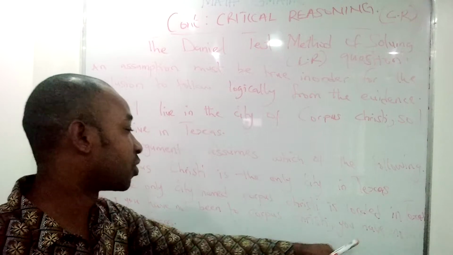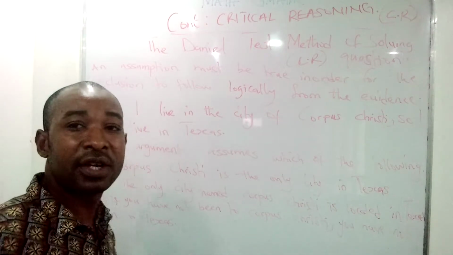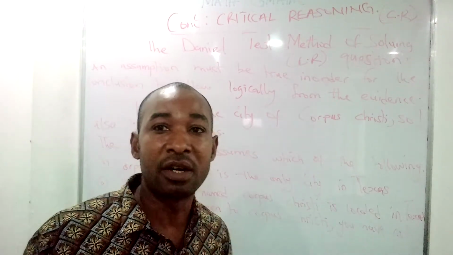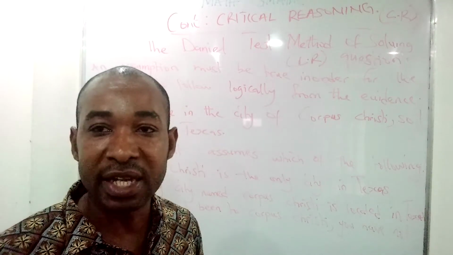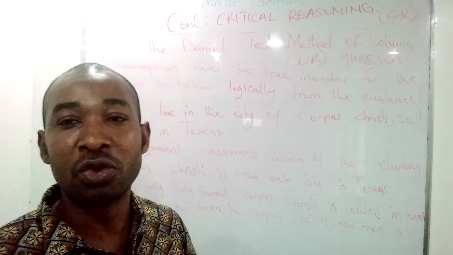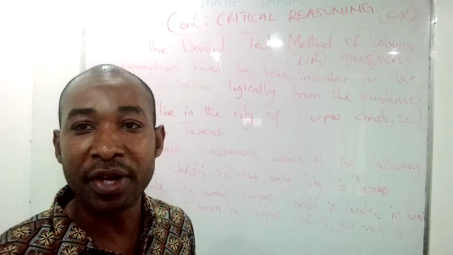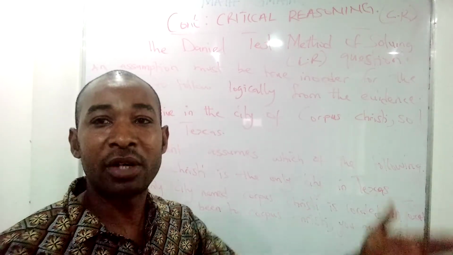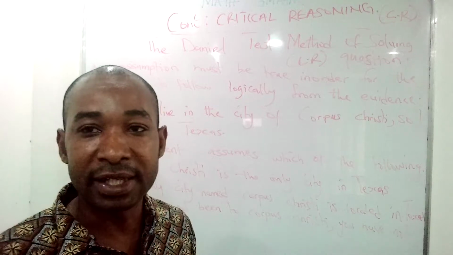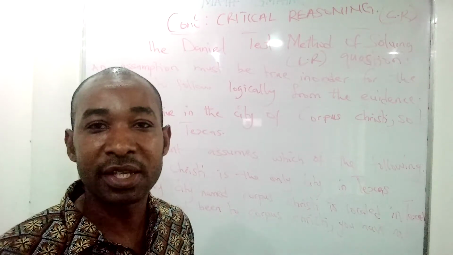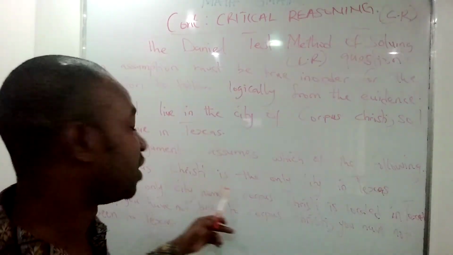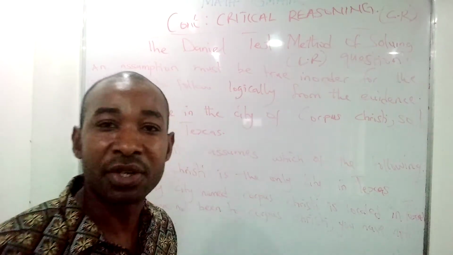Let's take Lagos for instance. Can somebody say if you have not been to Surulere, you have not been to Lagos? What about Ikorodu, Oshodi, and the rest? So option B is the correct answer.